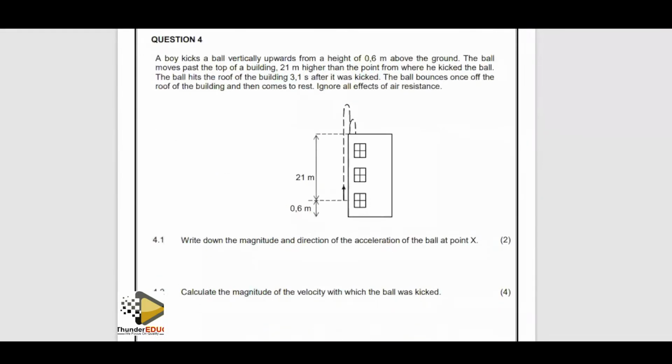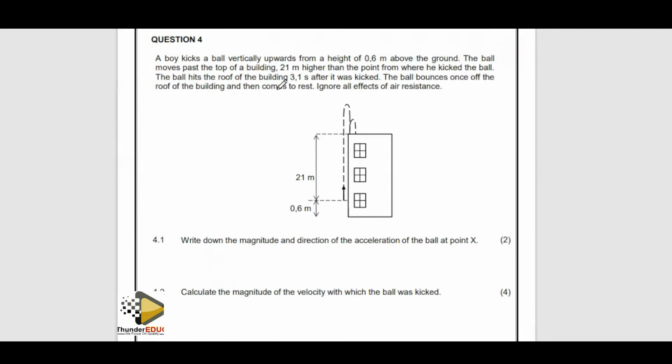Question number 4. What do they want us to do? They are telling us that a boy kicks a ball vertically upwards from a height of 0.6 meters above the ground. Then the ball moves past the top of the building 21 meters higher than the original point from where it was kicked.